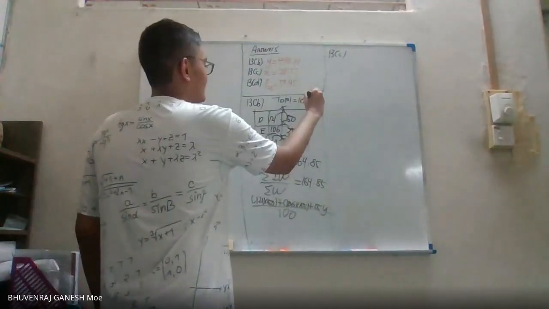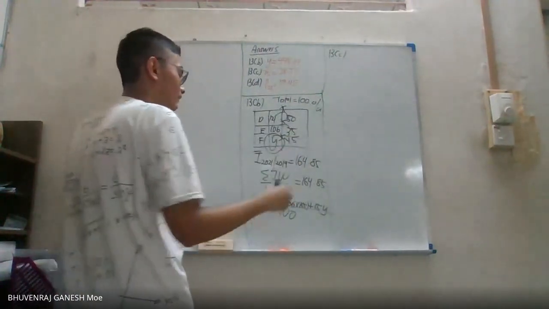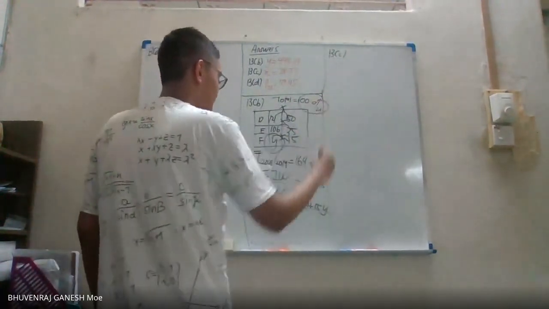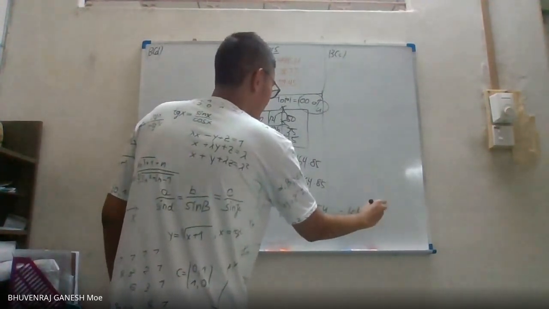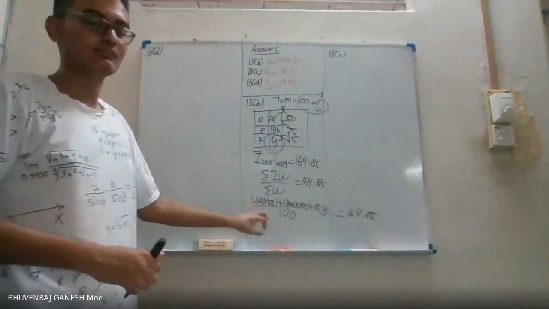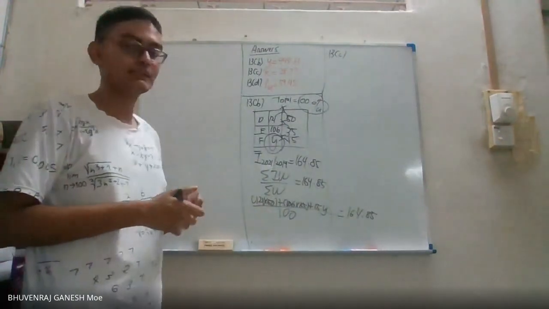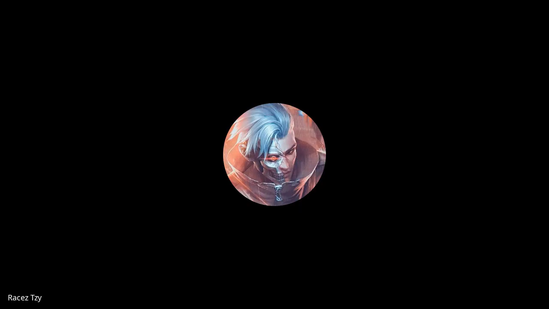The circle is 360 degrees, or in terms of percentage it is 100%. And you make this equal to 164.85. So I think here you can solve already, no? Basic maths.